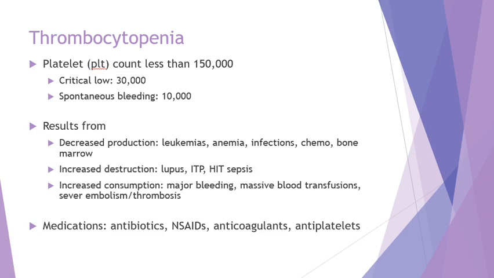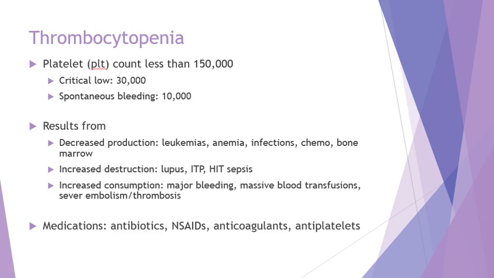Decreased production is cancers like leukemias, aplastic anemia, folate and B12 deficiencies that can lead to low platelet counts, infections, certainly chemotherapy, and anything that deals with your bone marrow, because our bone marrow is what produces our platelets. Increased destruction is really diseases and problems like lupus, ITP and HIT, which are the two that we're going to talk about, and sepsis.